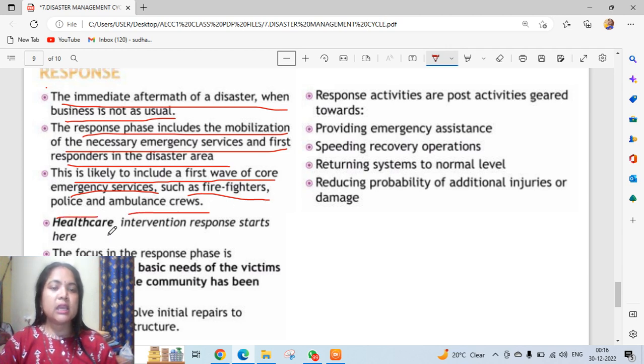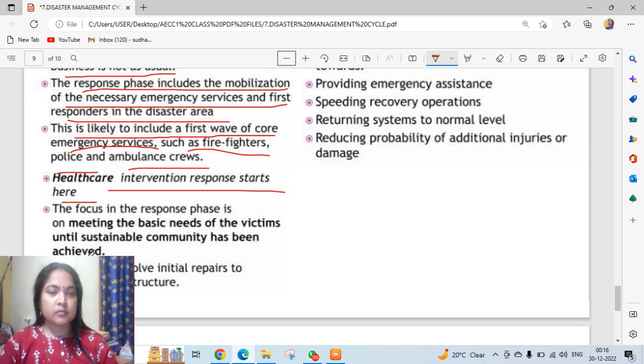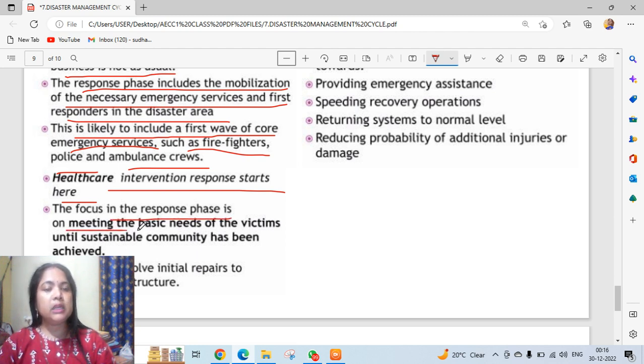Then healthcare interventions also start in this phase. The focus in the response phase is on meeting the basic needs of the victims until a sustainable community has been achieved. It may also involve initial repairs to damaged infrastructure.